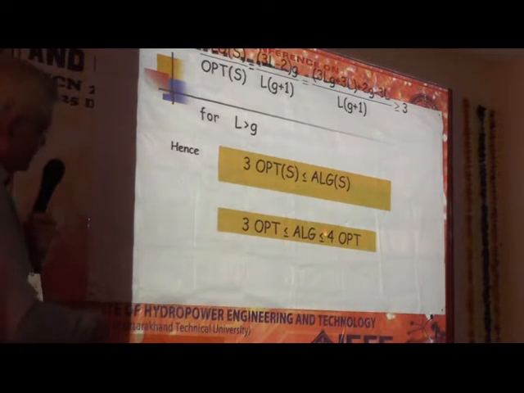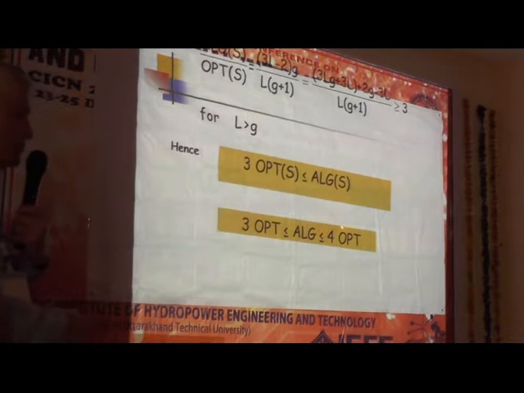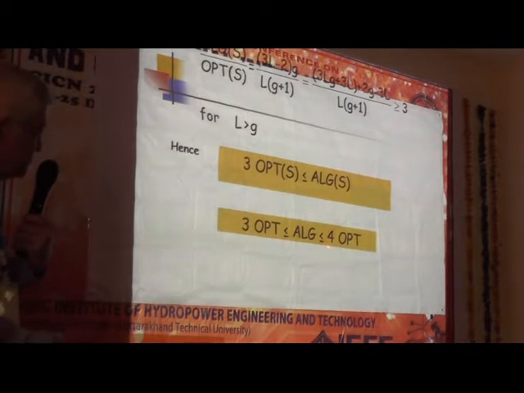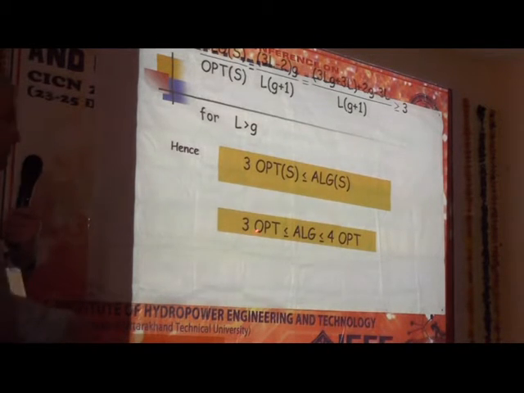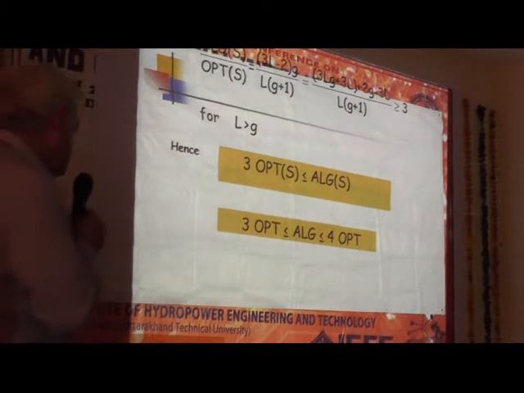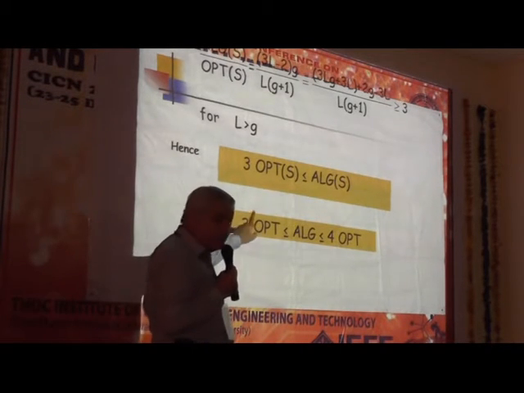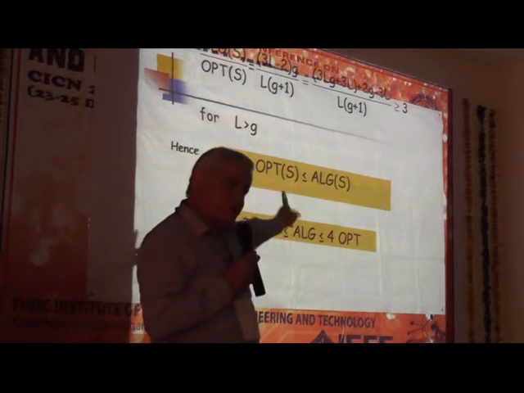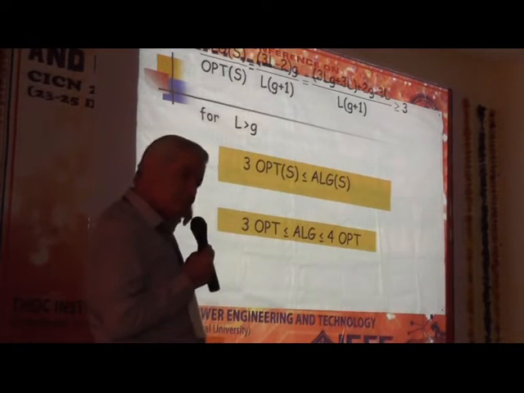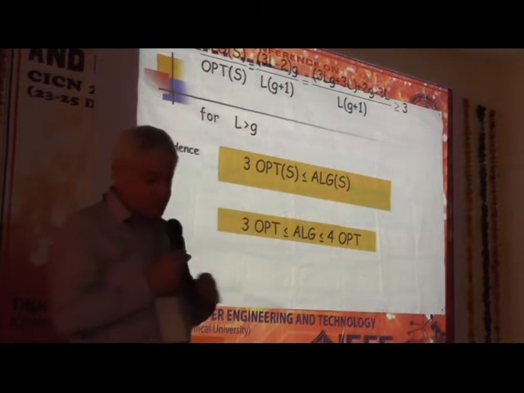So the performance of this algorithm that I showed you is not more than 4 times the optimum, but it can be as bad as 3 times the optimum. I don't know if this is the best bound for the problem. This is a lower bound for the algorithm, not for the problem. Maybe the problem is worse.